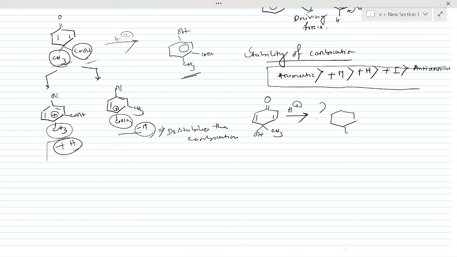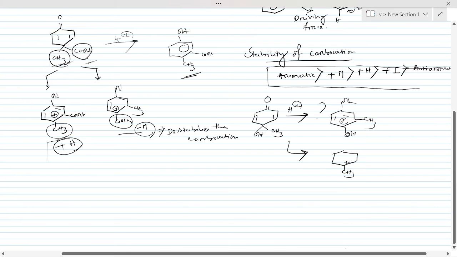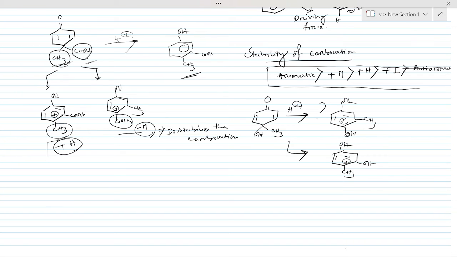One is this one with methyl migration, or this intermediate with OH migration. So what do you think? This will form or this will form?